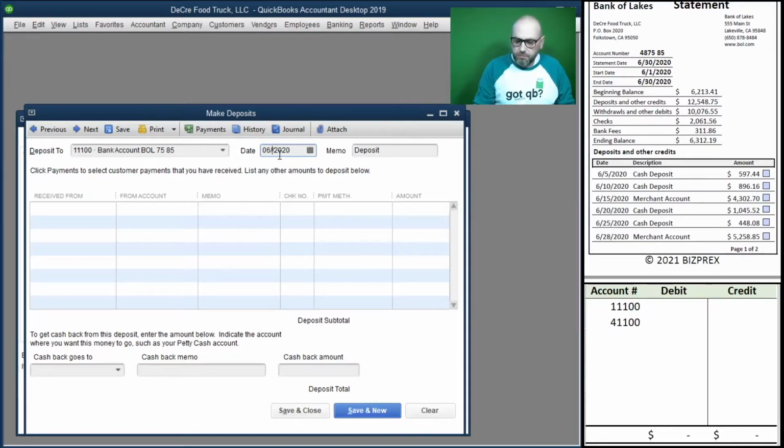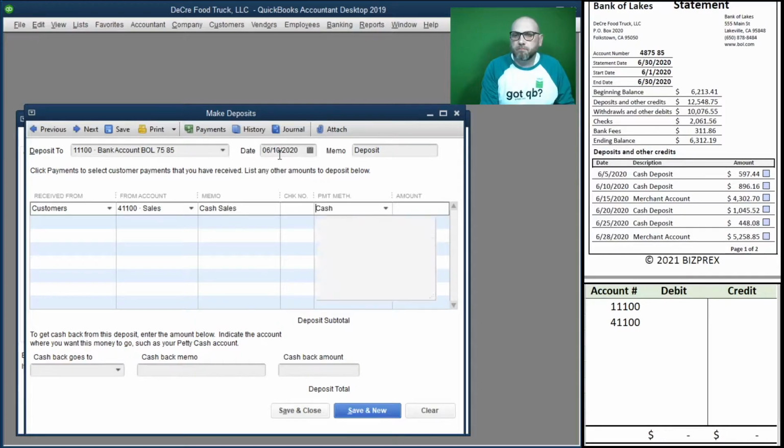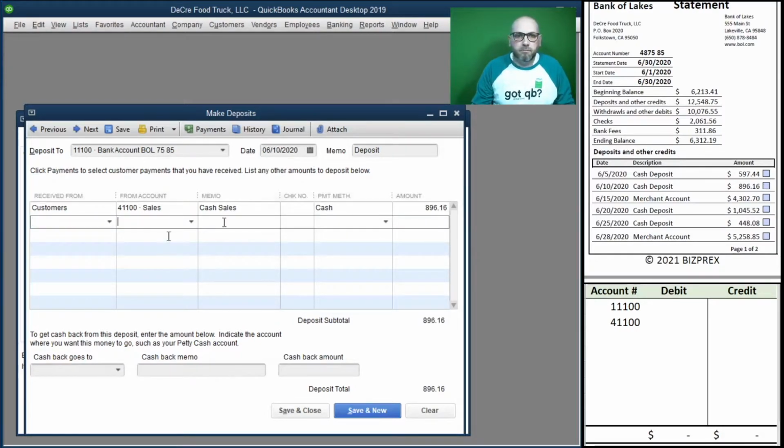Change the date. All right, same thing, but again, let's make sure we understand. All right, it's in balance. It has to have debits and credits to be in balance. So here we are, good to go.